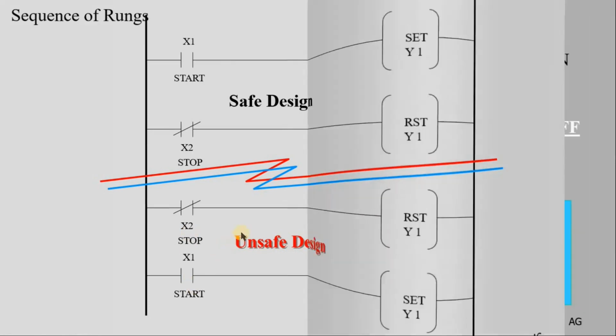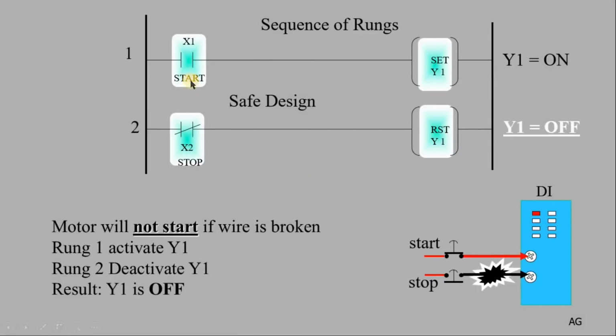Why? In more detail, suppose you have a PLC, the start push button is pressed, and the stop push button is deactivated. That means the wire is cut or someone pushed the wire, so this contact becomes active.